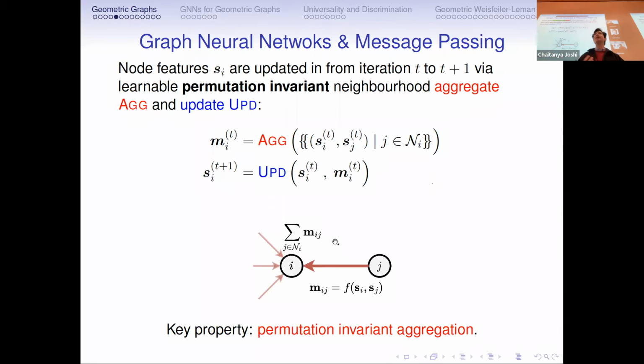So you usually just sum them together. And it's important that the way you aggregate doesn't care about the ordering of your neighbors, because graphs don't come with ordering. And this is a really simple picture of just a two-step process. So you aggregate, which is the key step, and then you update. You take the stuff that you aggregated and you combine it with the stuff that you already know, and you update your features.